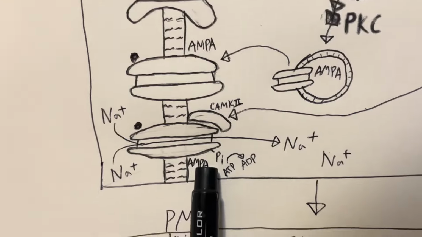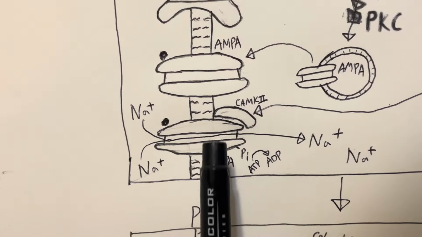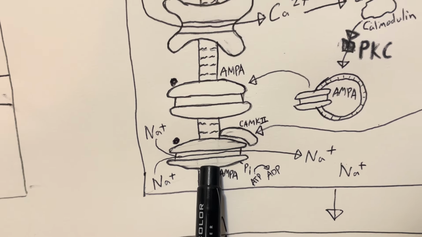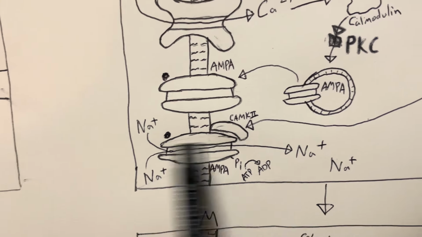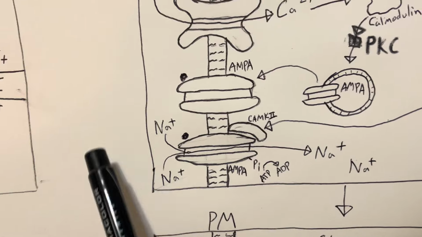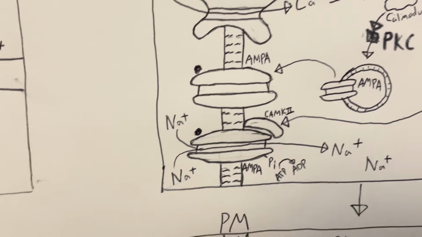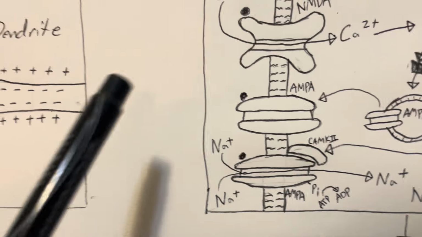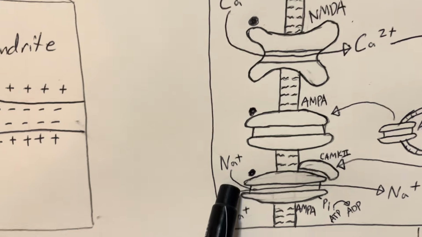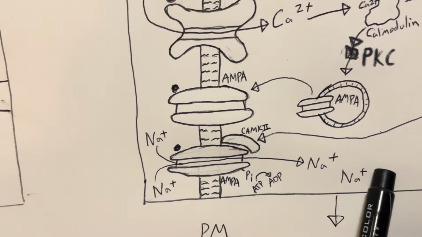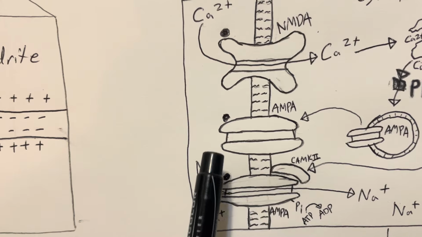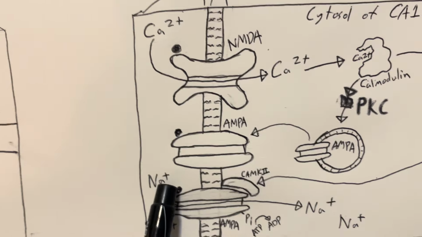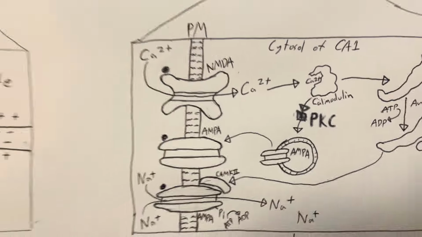CaMKII binds and phosphorylates AMPA, which greatly increases its ability to transfer sodium ions, which further strengthens the synapse by allowing an even stronger depolarization for the same glutamate binding.